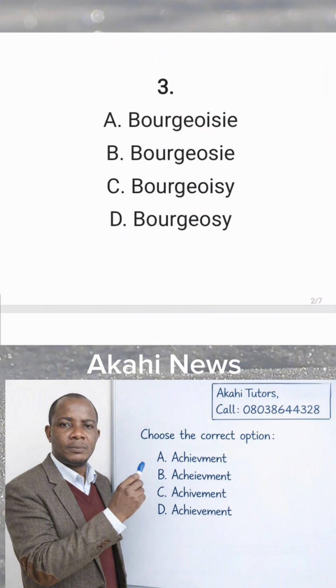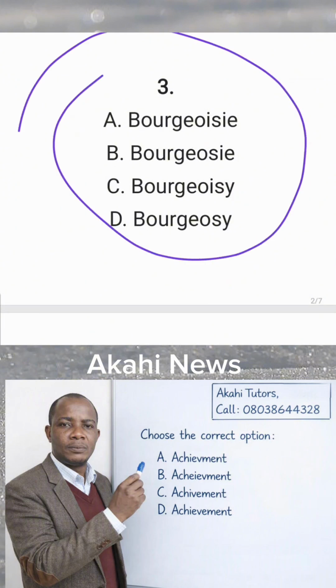What is the correct spelling of the word bourgeoisie? Bourgeoisie, take note, it has I after O. So this is out of it.